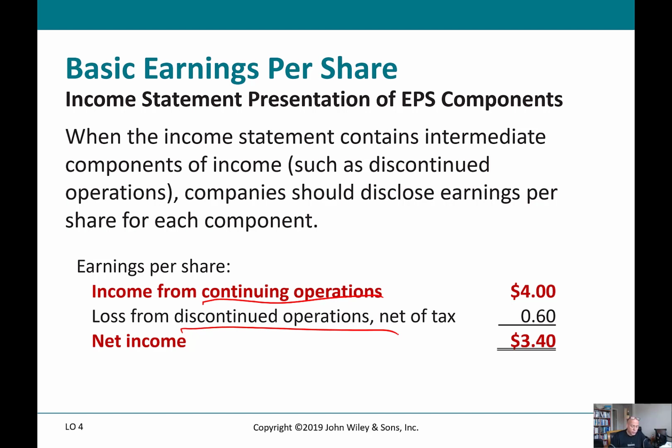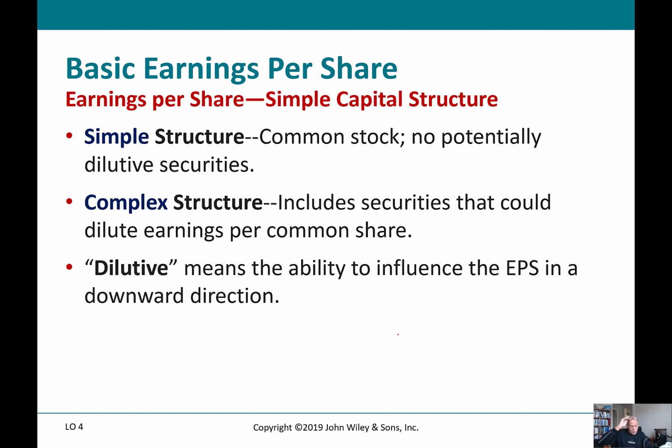Now, as we go through this discussion, we're going to see that you could have a simple capital structure, and then you could have a complex capital structure in which you have securities that could potentially be converted into common stock, and they're going to have to report something called dilutive earnings per share.